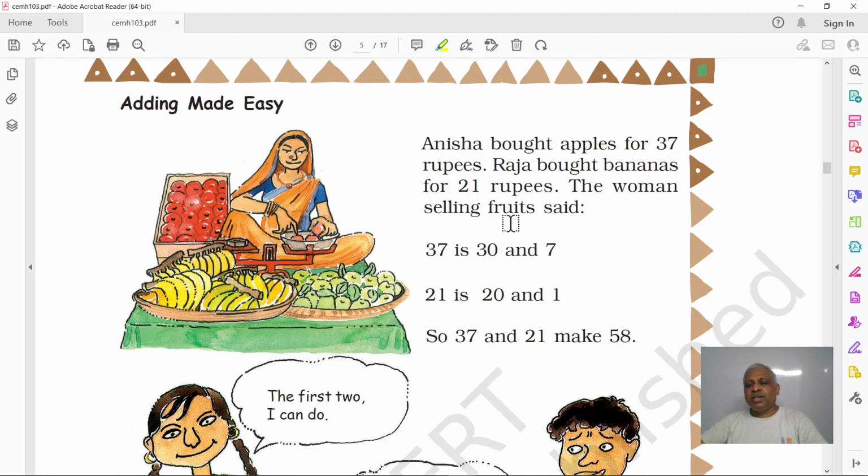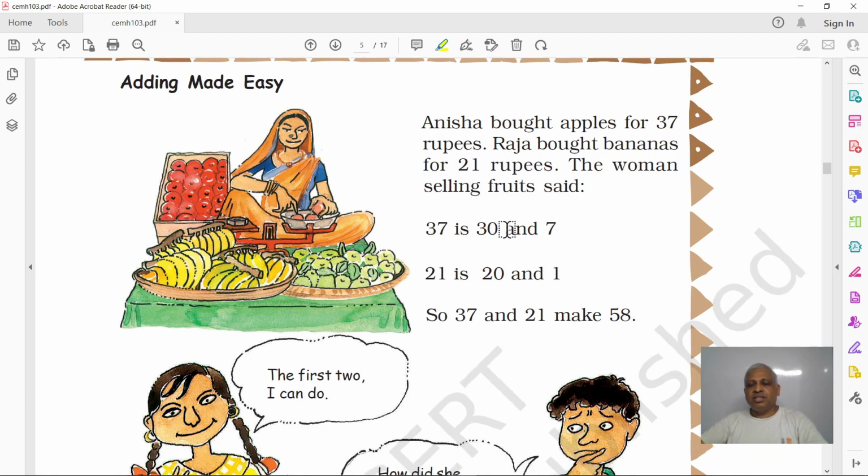The woman selling fruits said 37 is 30 and 7, and 21 is 20 plus 1. She is very educated and good at maths, because she has to take money for the fruits she sells. She should know additions perfectly and quickly.